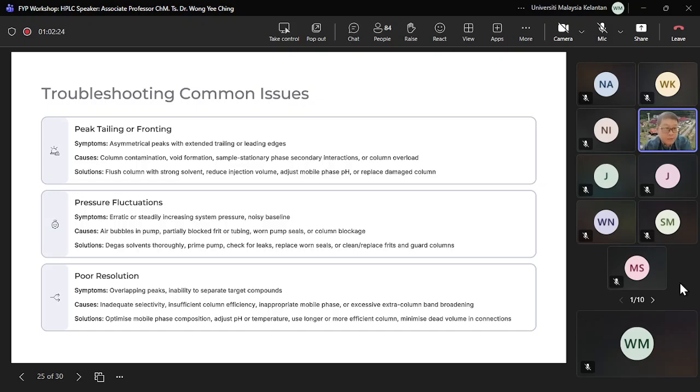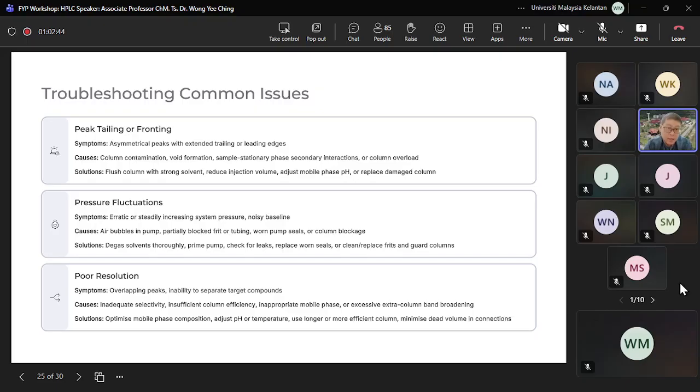How to solve it? You need to degas your solvent thoroughly. When you are doing your analysis, maybe the solvent that you have chosen is quite volatile. Most of the time it's some of the VOC compounds. You need to prime the pump and check the pump for any leakage or not.